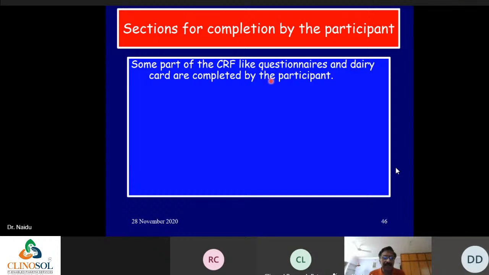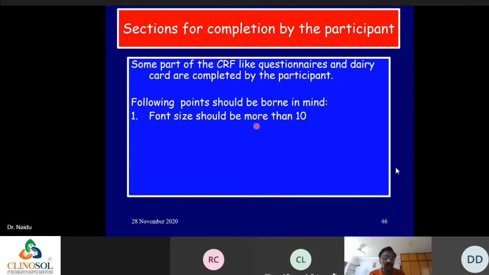Suppose you are doing studies like psychopharmacological effects, you give a diary card and ask the participant to enter on that card. The following points should be borne in mind whenever you are preparing a questionnaire or diary which has to be filled by the participant. What are those points?